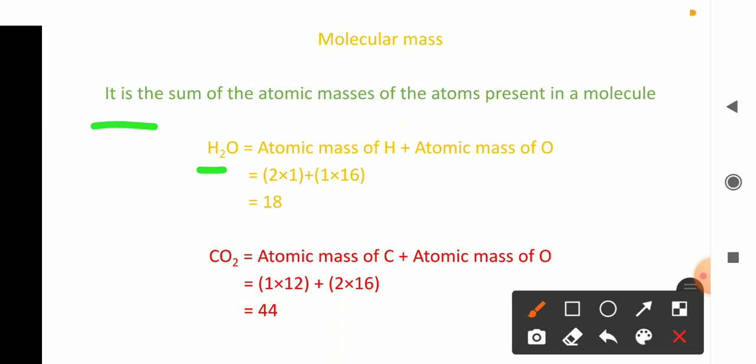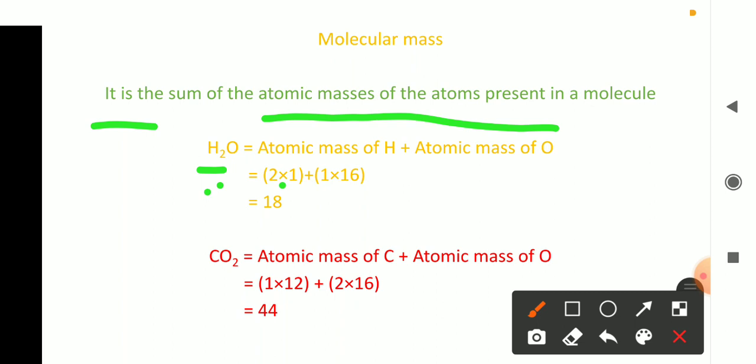That is 1. So the molecular mass of water molecule will be equal to atomic mass of hydrogen plus atomic mass of oxygen. How many hydrogens are there in this formula? There are 2 hydrogens, so we can write 2 into 1. The mass of one hydrogen is 1. Since we have 2 hydrogens in water molecule, it has to be multiplied with 2.